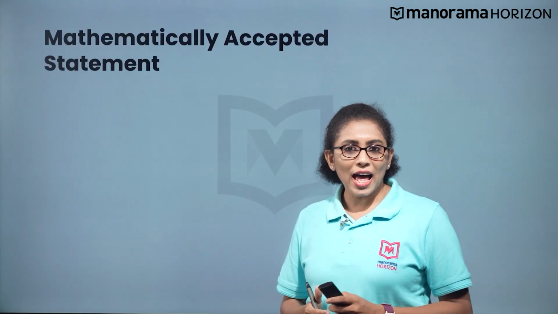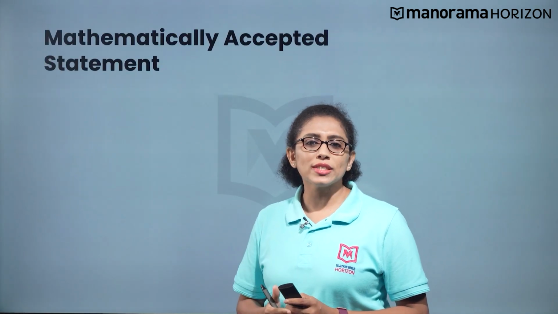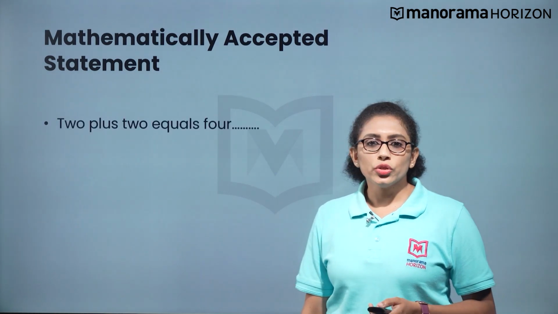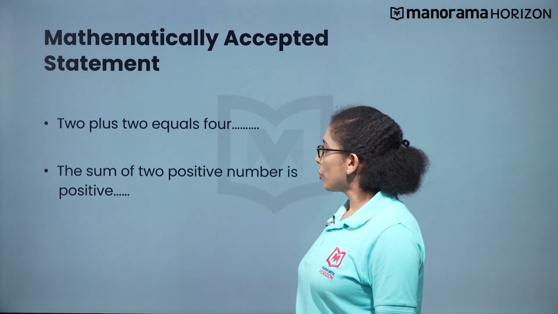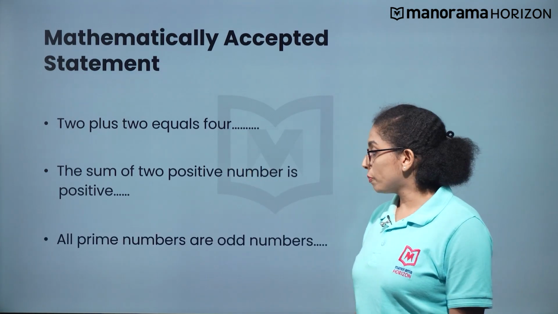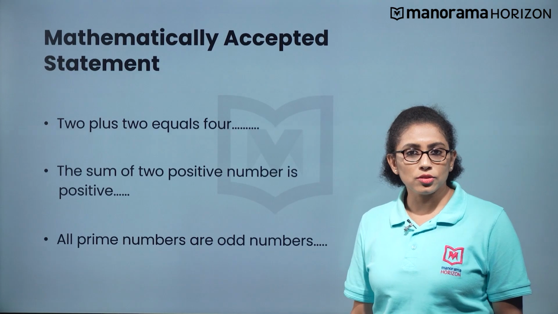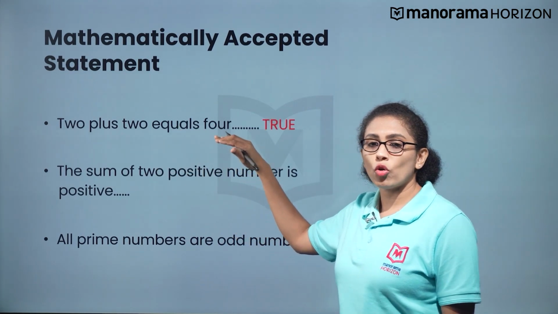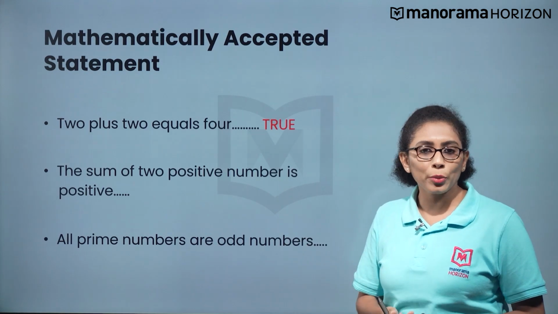Now, let us have some more examples of mathematically accepted statements. 2 plus 2 equals 4. Sum of 2 positive numbers is positive. All prime numbers are odd numbers. The first statement, 2 plus 2 equals 4, is correct without any ambiguity.